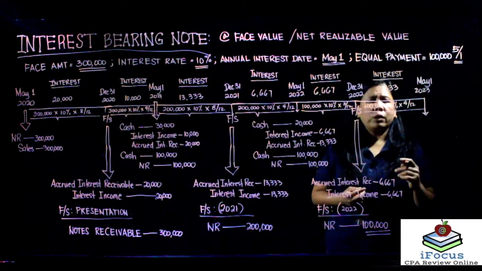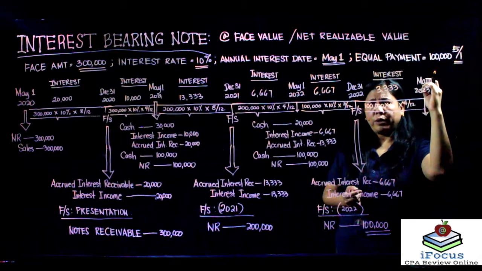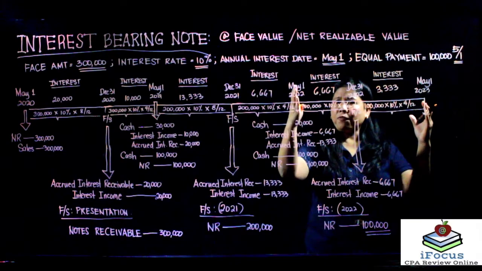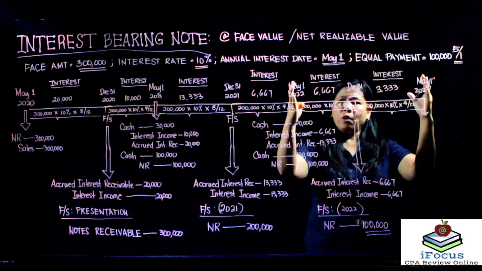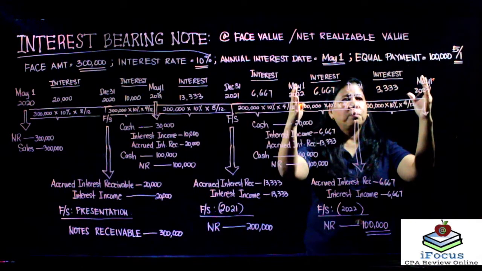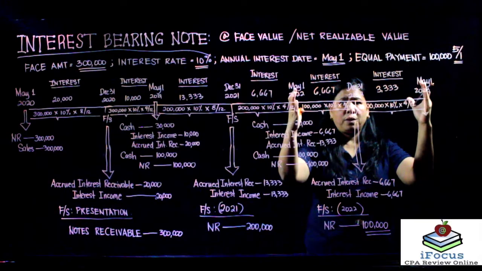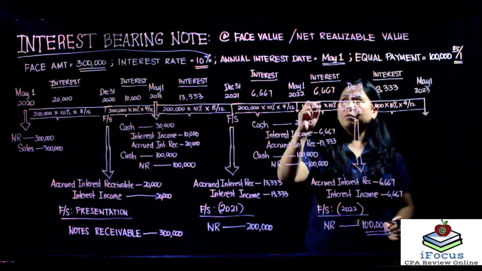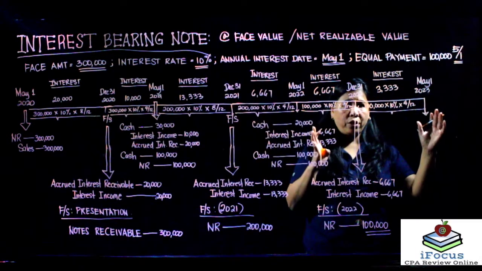The maker will pay us on May 1st, 2023, 12 months of interest from May 1st of 2022 to May 1st of 2023, and the basis of the interest will be 100,000 times 10% times 1 year.